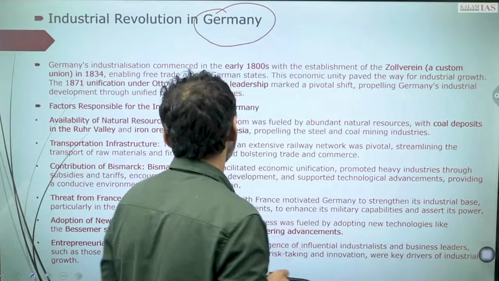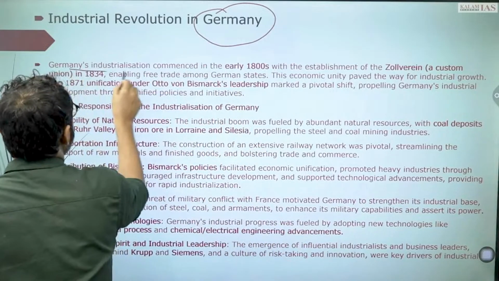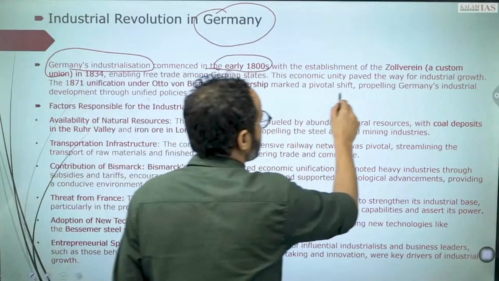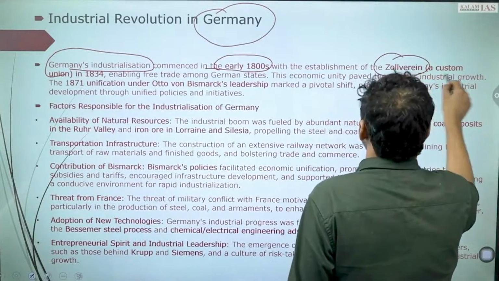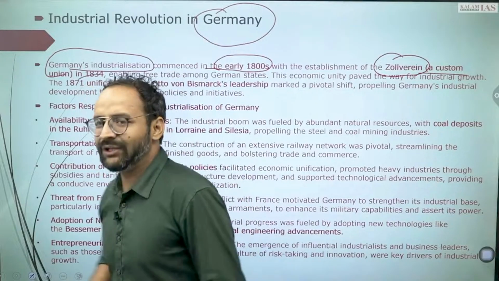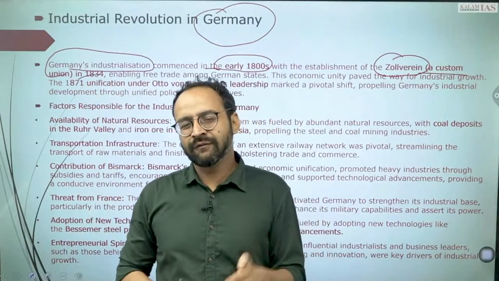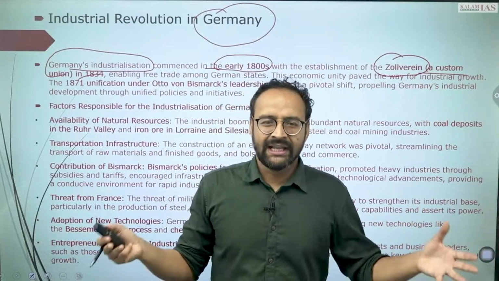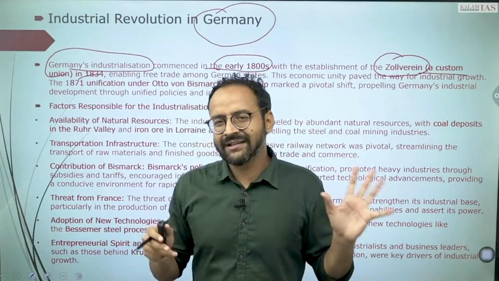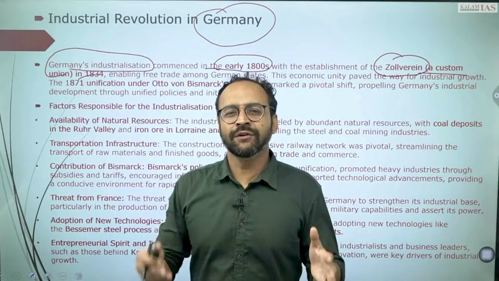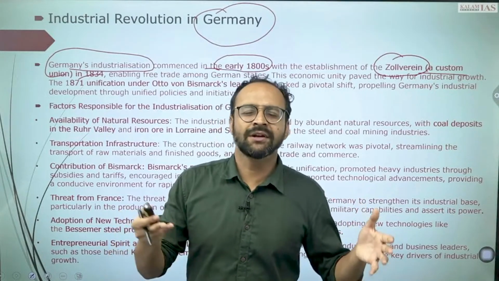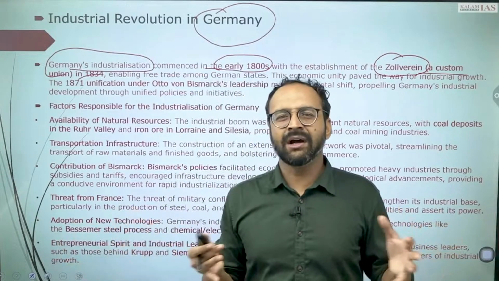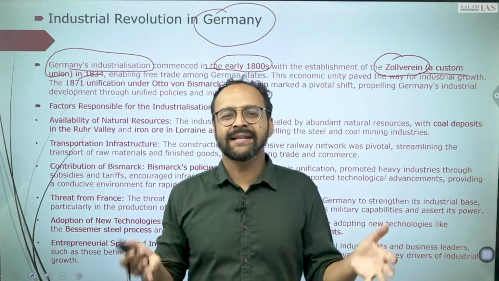So coming back to it, German industrialization commenced in the early 1800s with the establishment of the Zollverein, a customs union. Mind you, Germany is closer to France and also a very resource-rich country. It is also after that in the 1860s that German unification took place under Otto von Bismarck, which ultimately led to Germany becoming a superpower economically as well as politically.